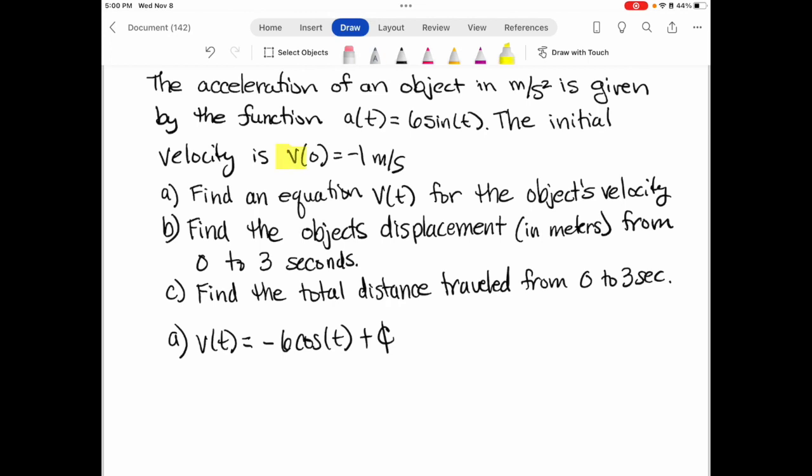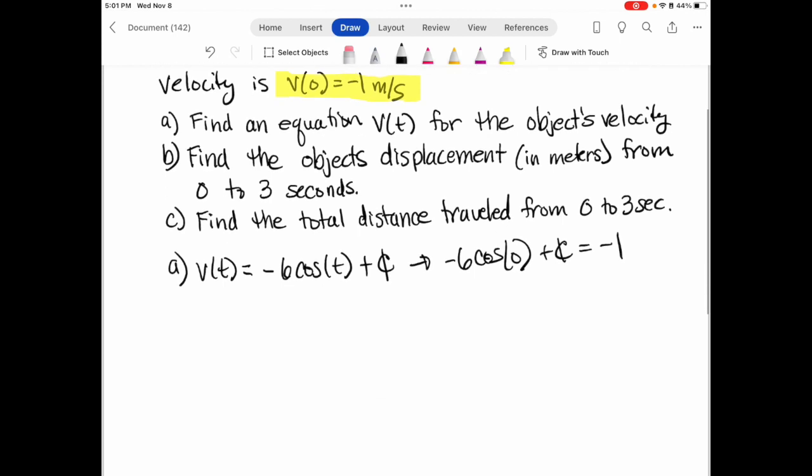And in order to find our constant, we're going to use this initial value right here. So we're going to plug in when t is 0, we get out the velocity is -1, and then we can solve for c. So I'm going to plug in 0 and set this equal to -1.